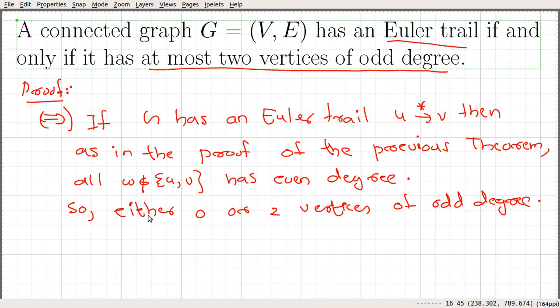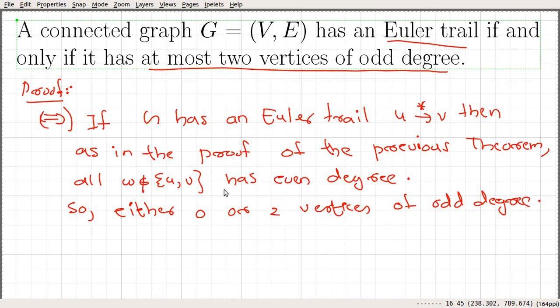So either 0 or 2. Zero corresponds to the case where U and V have even degree, and U and V could have odd degree, which is the case corresponding to 2 vertices of odd degree.